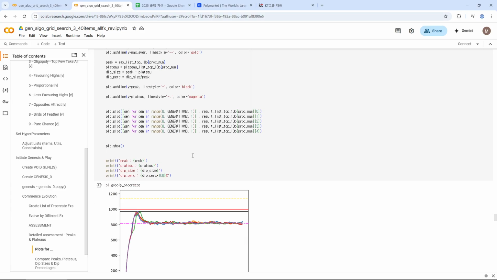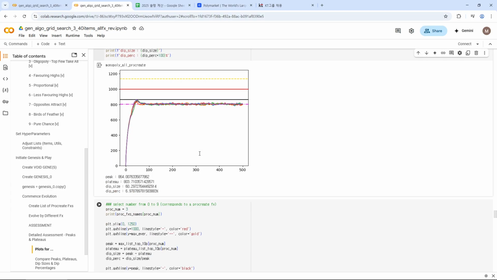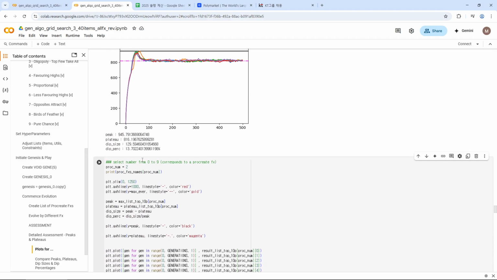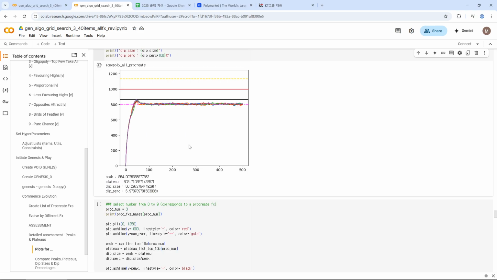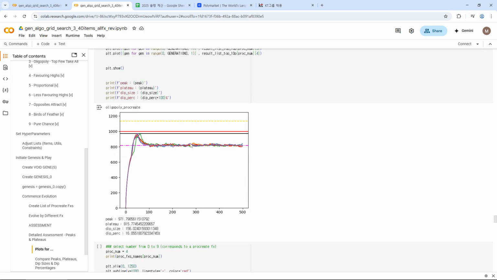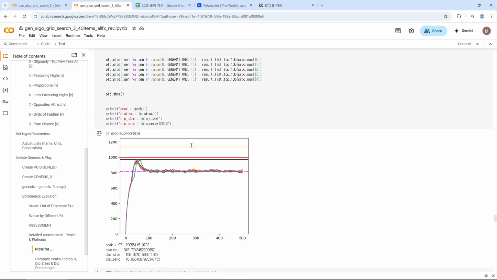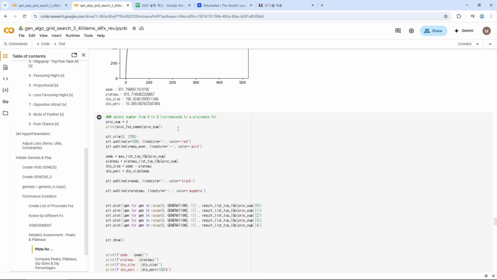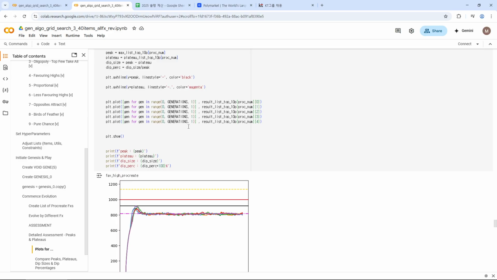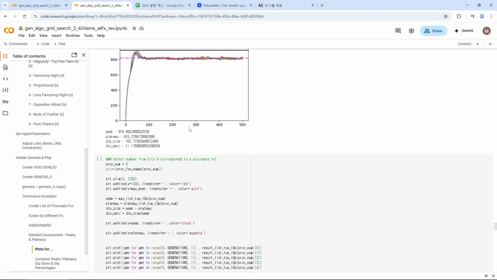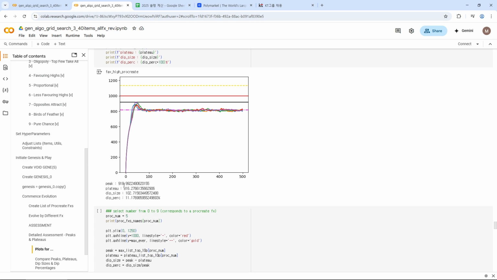So the percentage change is similar to this one. It's just that the peak is higher when you use oligopoly procreate. The fifth one is the favoring high procreate, and the peak is at 918, plateau is at 816, dip size is 102, and dip percentage is 11%.